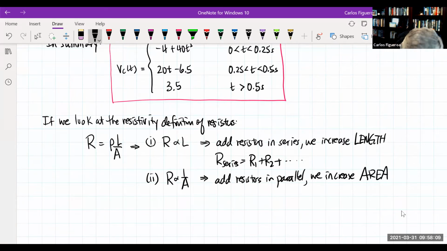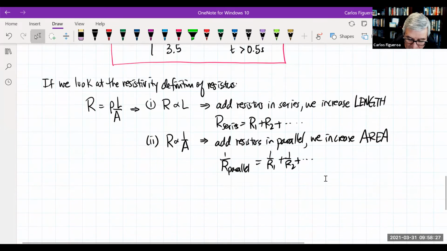And because area is in the denominator, we write our parallel as the inverses of the resistance. And it's all because of how we define the resistance with the resistivity and the geometry. Well, guess what? The same thing happens with capacitors.